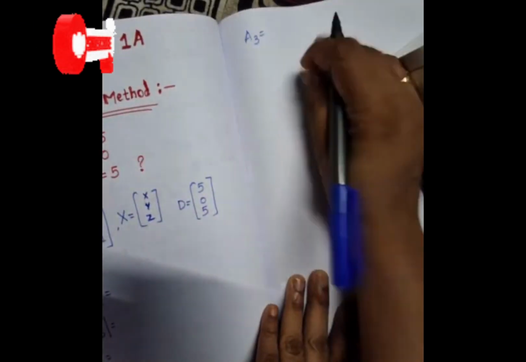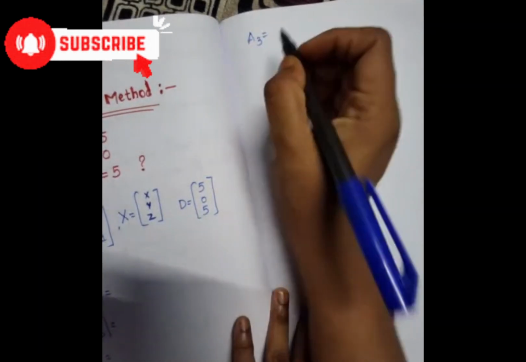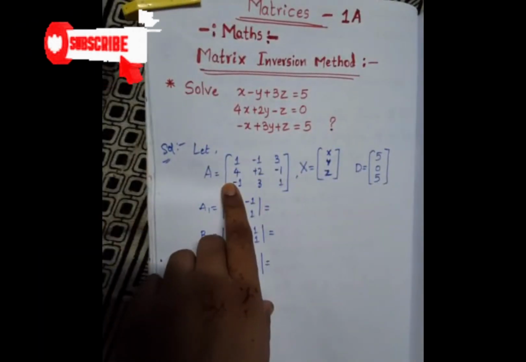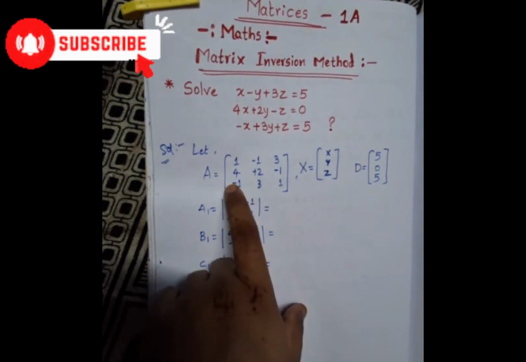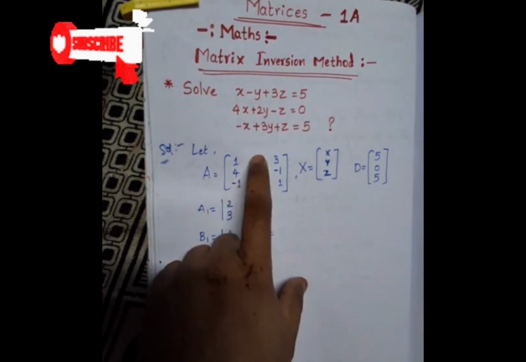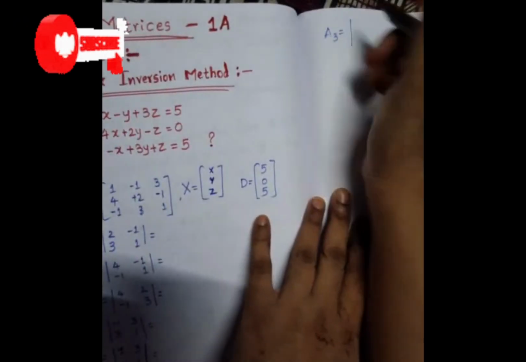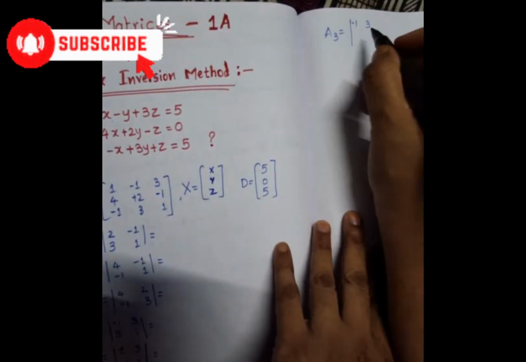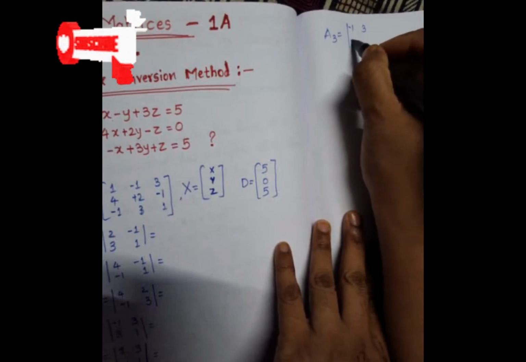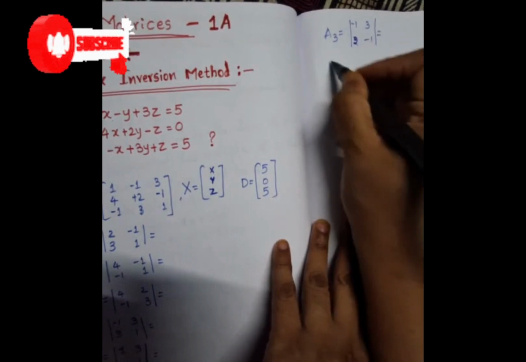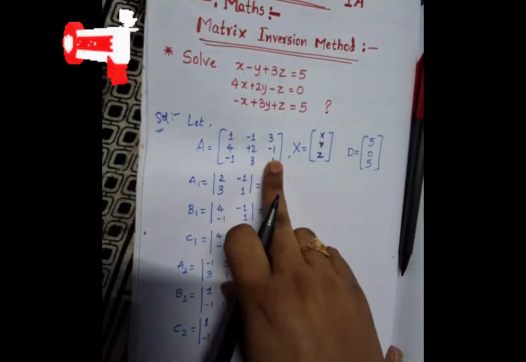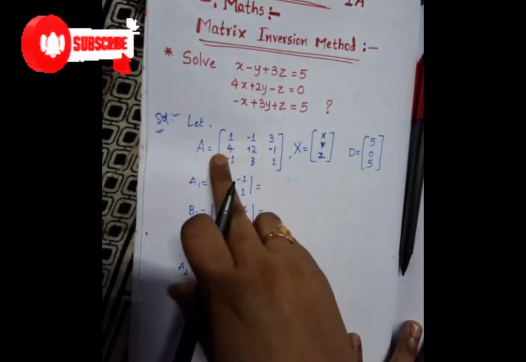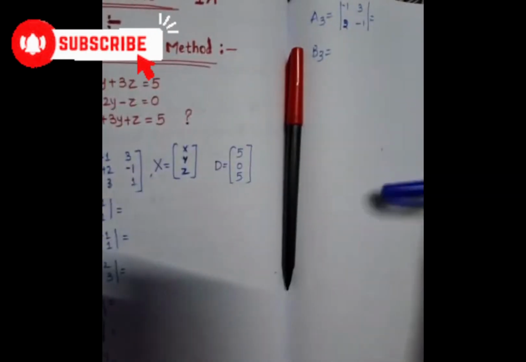Next a3: hide the first column and third row, a3 is minus 1 3, 2 minus 1. b3 means hide this column and row: 1 3, 4 minus 1.